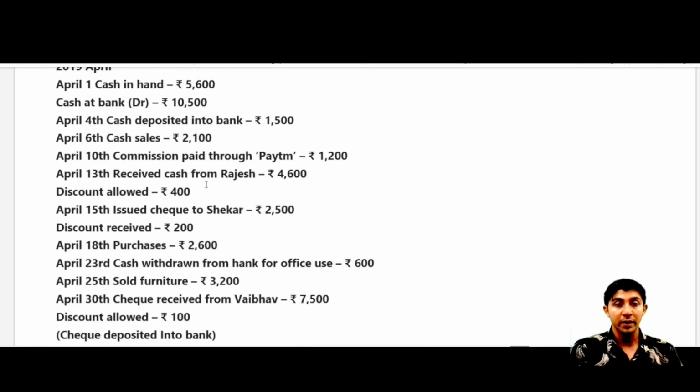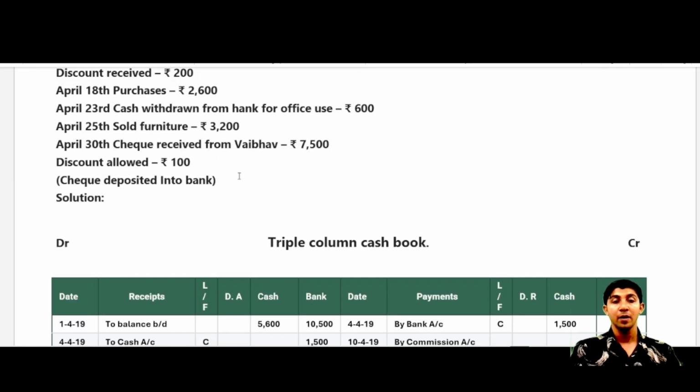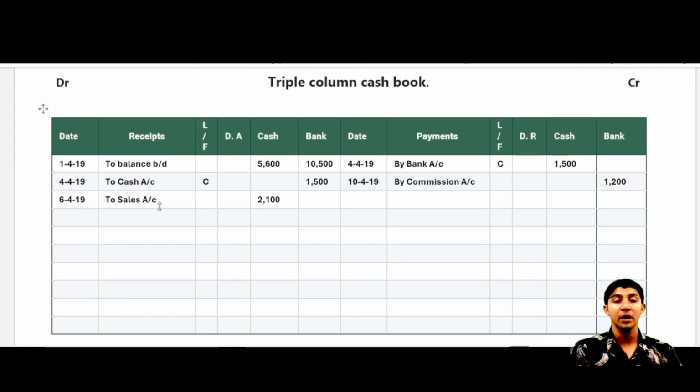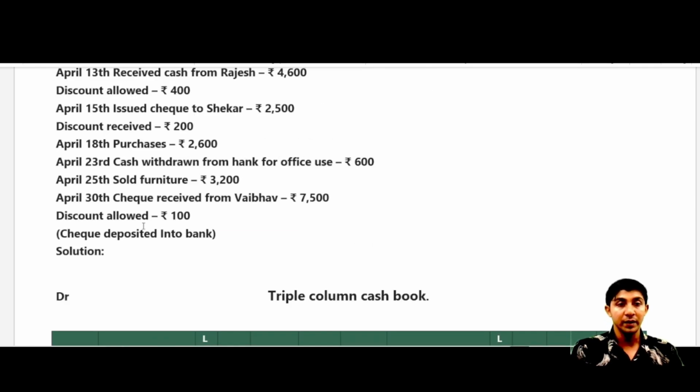Now let us move towards the next transaction, that is on 13th April. Received cash from Rajesh 4600. Discount allowed. तो राजेश के पास से क्या रिसीव हुआ? कैश. So what is the date? The date is 13th.